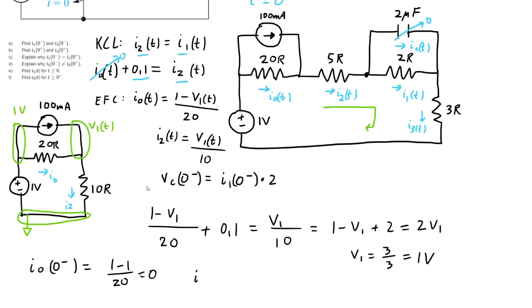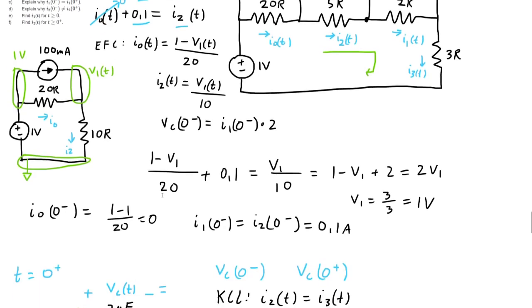So that means that I1 0 minus, I2 0 minus, they both equal 100 milliamps. So using that information, we can find the initial charge on the capacitor using Ohm's law, because the resistor voltage drop is proportional to the current.